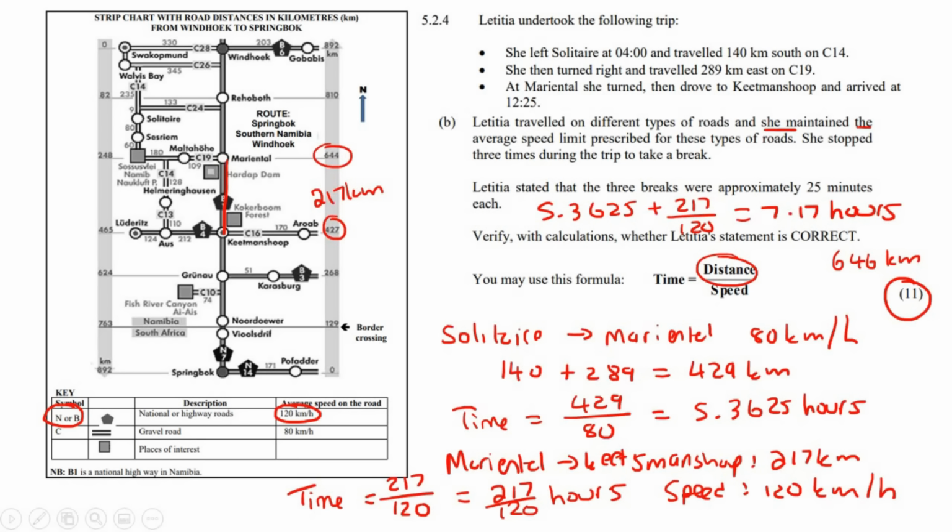Okay? Then we just need to remember that she also stopped for 25 minutes every single time. Okay? And she stopped 3 times. So her stoppage time is going to be 25 multiplied by 3, which is 75 minutes.